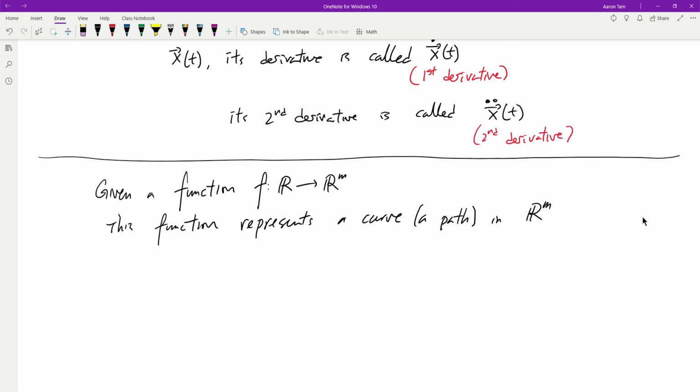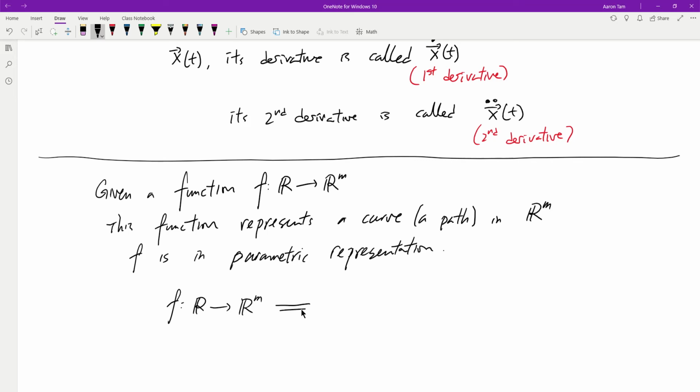Actually, maybe I'll write it this way. And f is in parametric representation. So therefore it implies the following. When you define the function f, this is how we would define it. So f mapping from R to Rm would be f of t equal to some vector x.